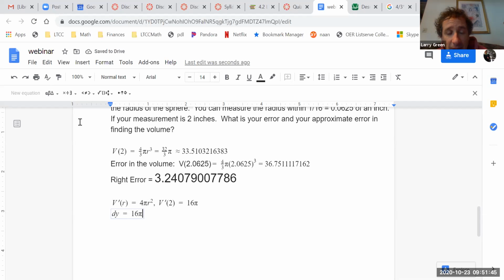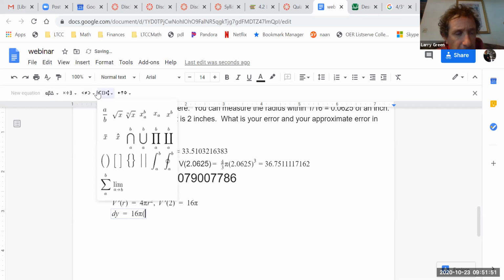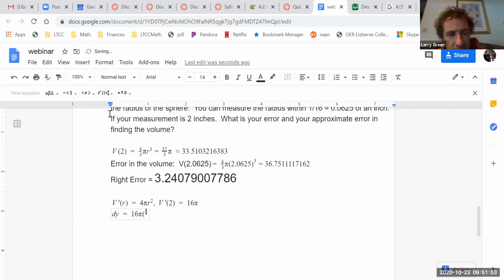So it's f prime times dx times 1/16. Because that's how much we're off by. And look how beautiful that is. I hope you don't need your calculator to tell me what this is to a few decimal places.